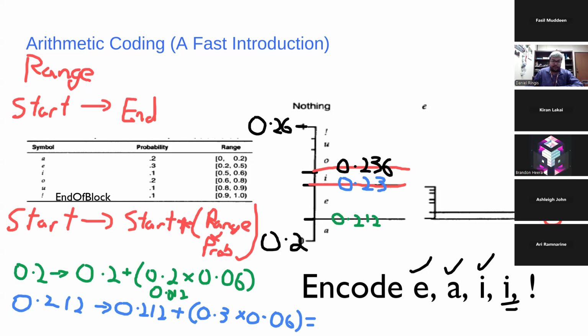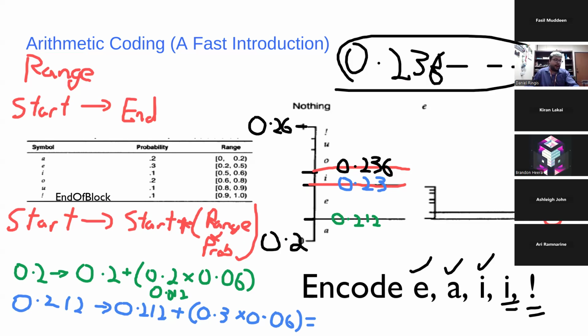Then we repeat the same thing for this, and we should get one value to represent these 5 symbols. It should be like 0.236, sorry, 23 something something something. And this one value should be easier to send than these 5.